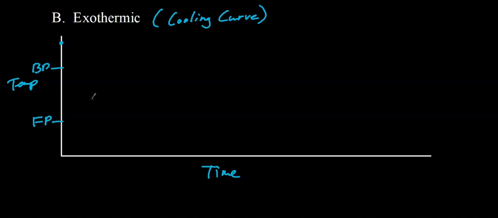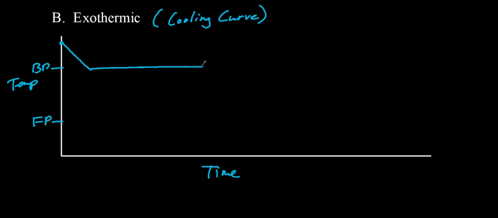So this time, let's start here. Let's say we have a substance above its boiling point. First of all, what state of matter is that substance? It would be a gas. So what we're trying to show here is what happens to the temperature of a substance if you remove energy at a constant rate. If you remove energy from a gas above its boiling point, that gas is going to cool down to its boiling point. If you remove energy from this gas at its boiling point, that gas is going to condense.